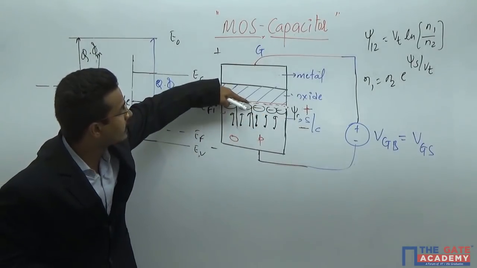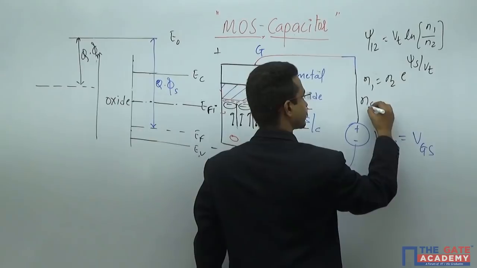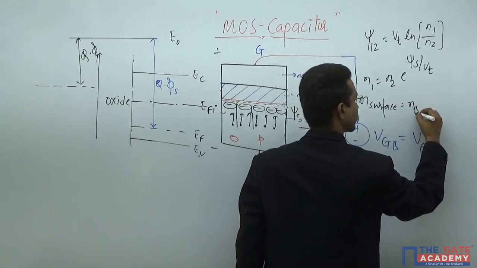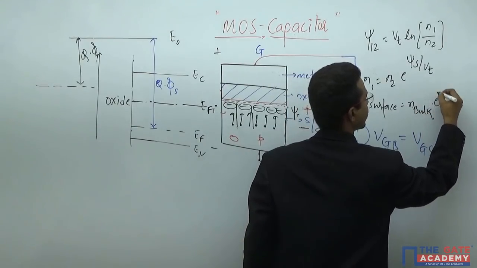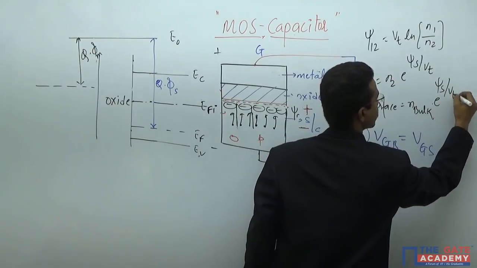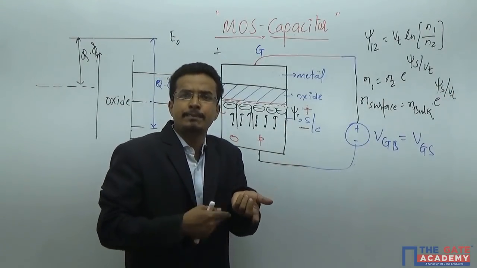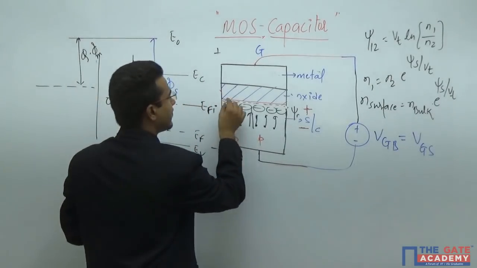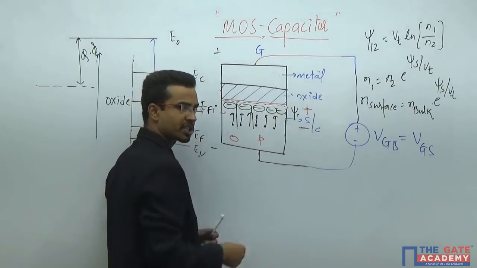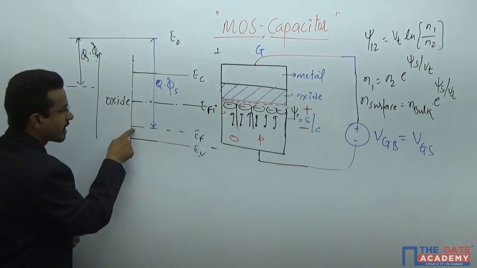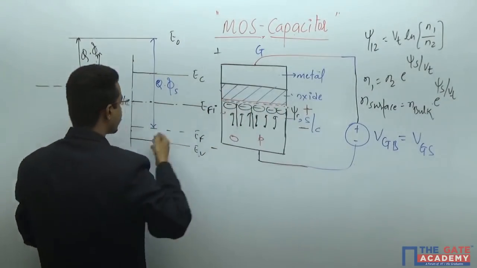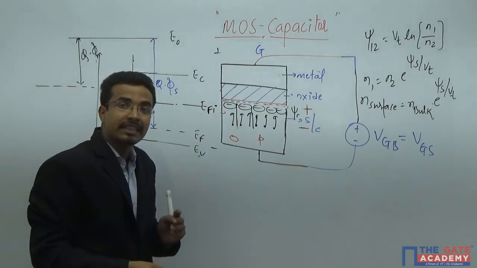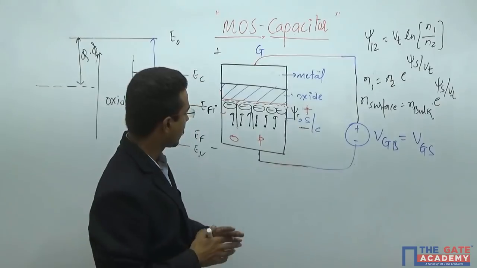Here N1 is N surface and N2 is N bulk, and this becomes e raised to psi s by Vt. When psi s keeps increasing, that means the psi s value is positive, what will happen here? The negative charge carriers will come here slowly. That means at this surface, what will happen? This interface is this interface here in the energy band diagram. As the psi s value is greater than 0 but very small, what will happen then?